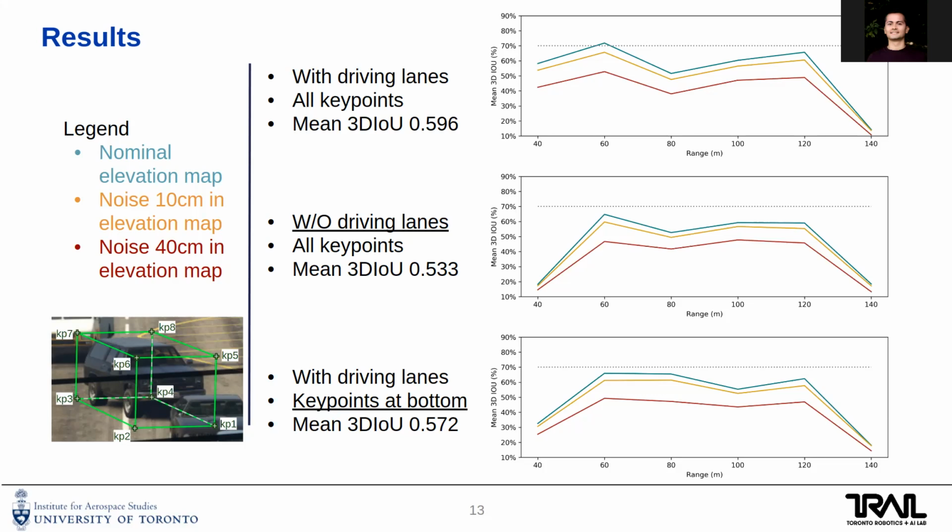As we can see, the performance degrades as well compared to the nominal conditions on the figure on the top. And in all the experiments, you can see in the colors that the map that uses the nominal elevation always gives better results, and as we increase the random noise in the elevation map, we get degradation in the effectiveness of the method.